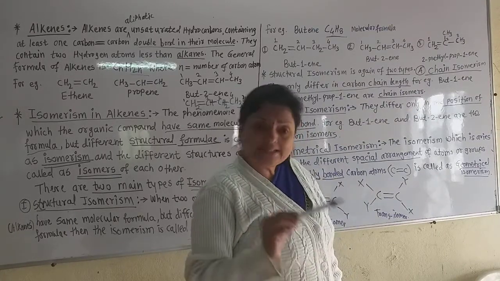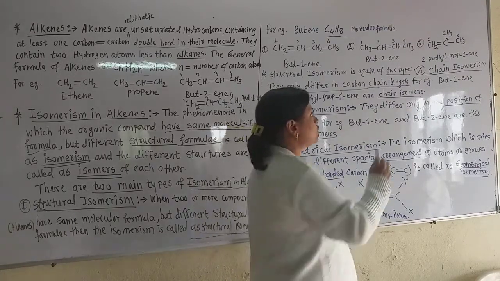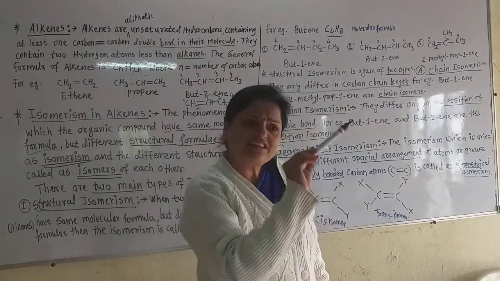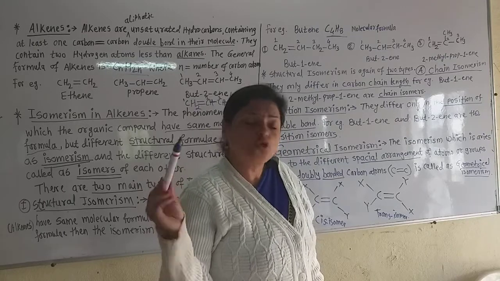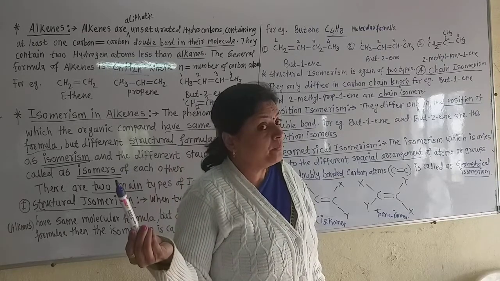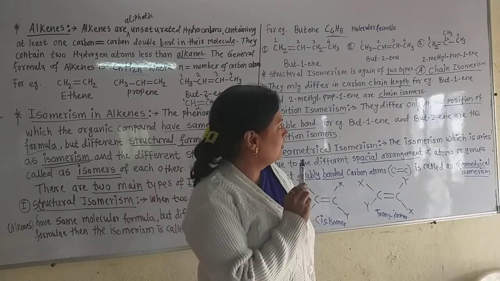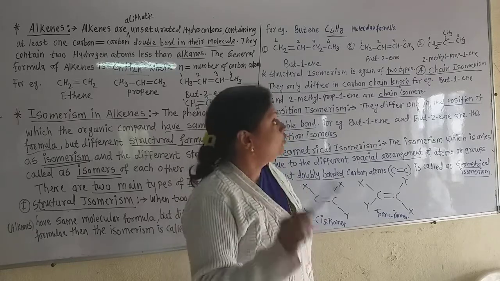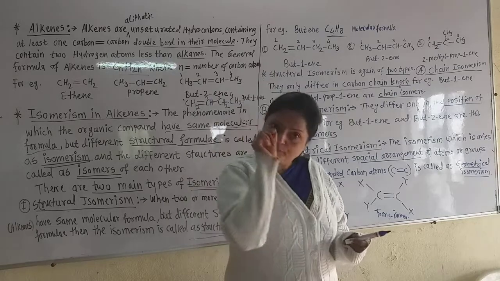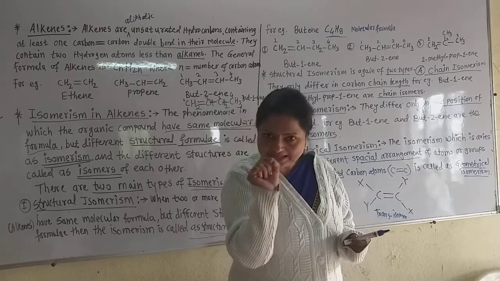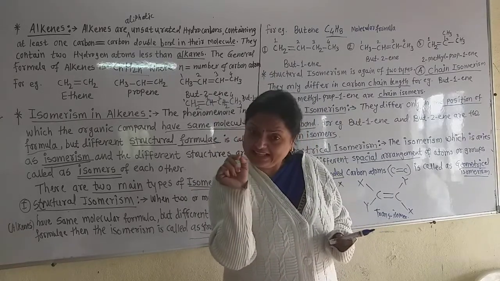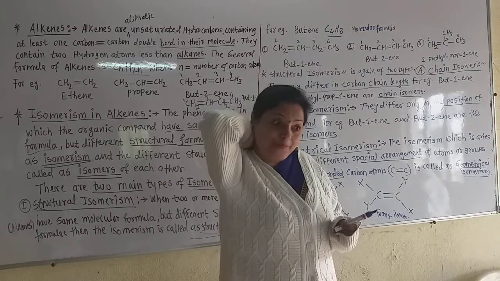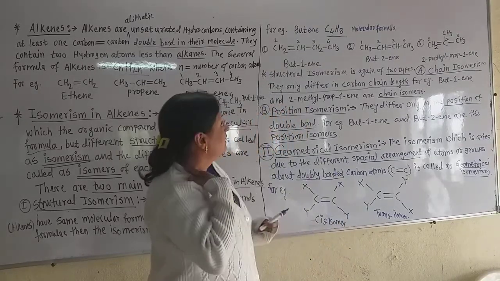As on the second carbon there is a methyl group, I write here 2-methyl. And in the straight chain there are only 3 carbons, so it is propene. But which propene? Prop-1-ene, because carbon number one has the double bond. So the name is 2-methylprop-1-ene. Write the prop, then the number of the carbon which has the double bond, and then the suffix ene. Now understand how the IUPAC names are given here.